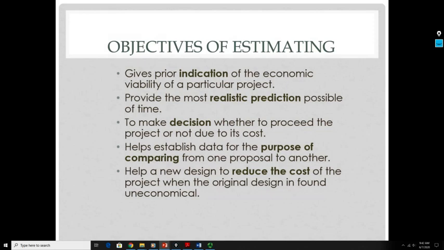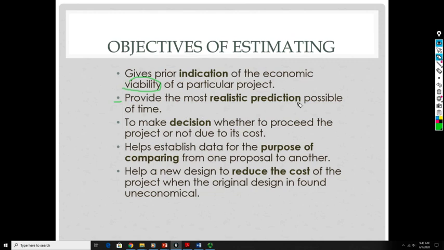Next, we look at the objective of estimating. Number one, give prior indication of the economic viability of a particular project. Viability means to look at the prospect of the project, whether it has a good prospect or not. Number two, to provide the most realistic prediction possible of time, so that we can do some preparation.